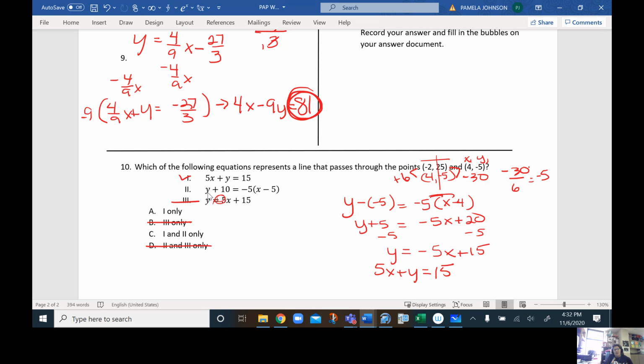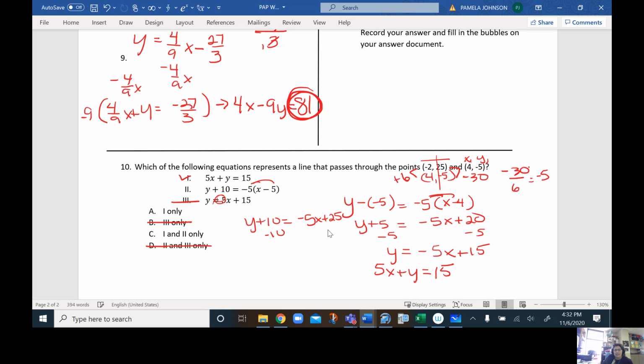All right, so for number 2, we need to check to see if that's going to give us the correct slope-intercept equation or standard equation. So I'm going to distribute this. That's going to give me y plus 10 equals negative 5x plus 25.